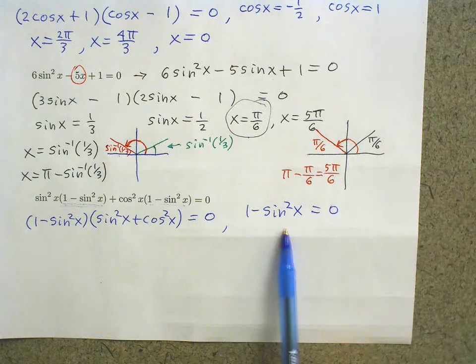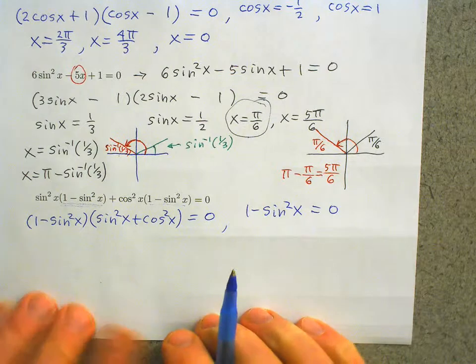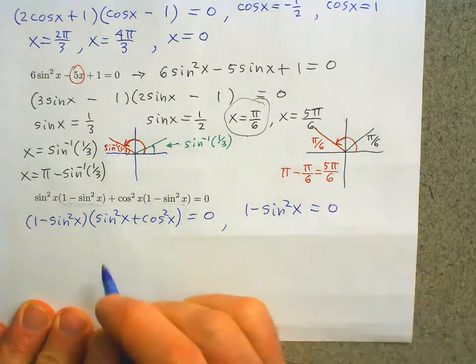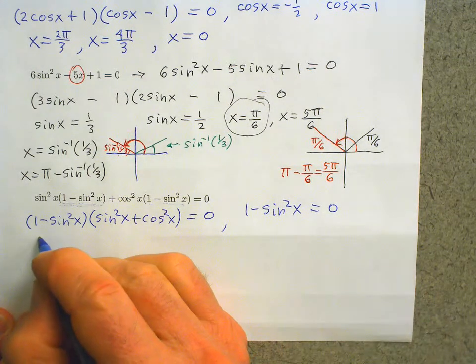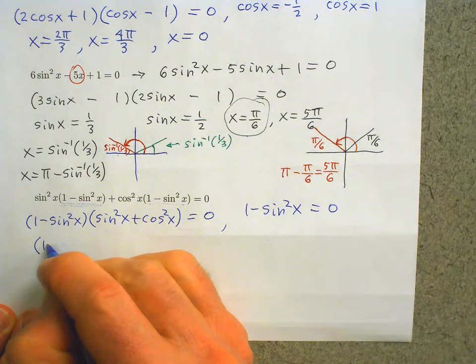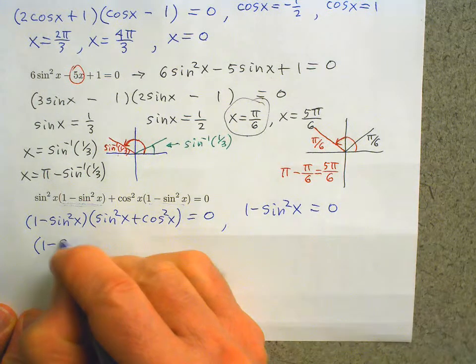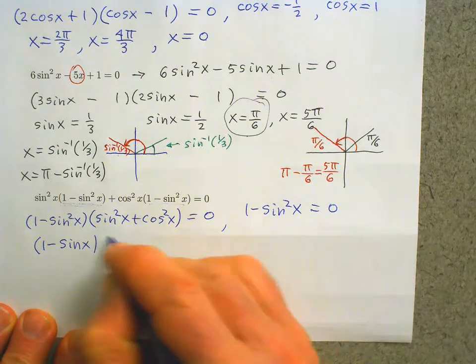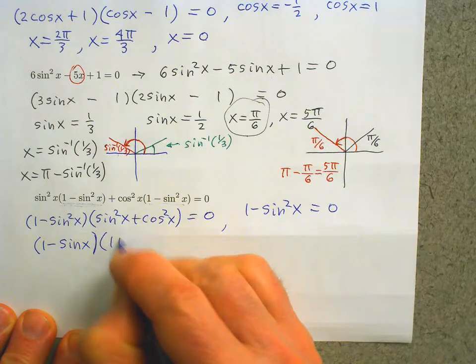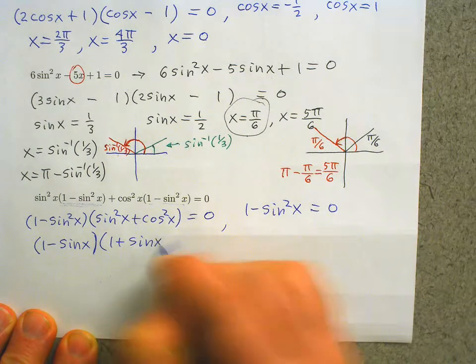1 minus sine of x squared is a difference of squares. You've seen this factored a few times already this semester. So if we factor that, we get 1 minus sine of x times 1 plus sine of x equals 0.